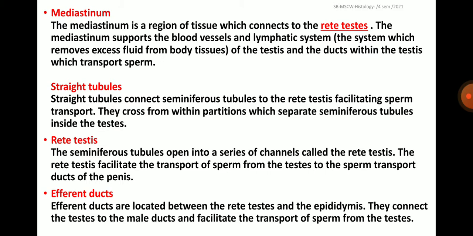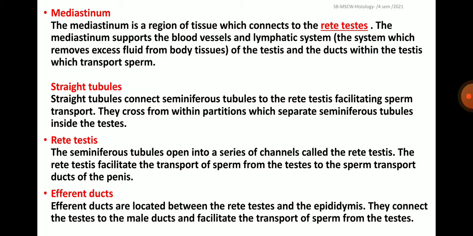Then what you have to learn are certain terms which may appear in the notes also. Here the word mediastinum is mentioned. You can mention mediastinum is a region of tissue which connects to the rete testis, and this supports the blood vessels and lymphatic systems, and the ducts within the testis which transport the sperm.